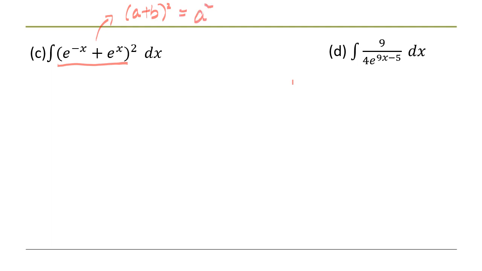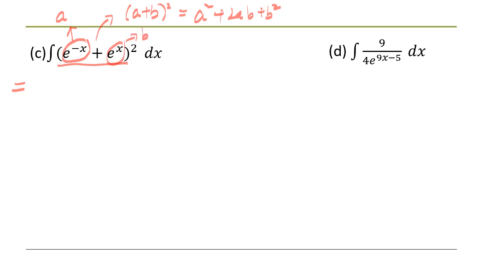You expand it to get a squared plus 2ab plus b squared. Similarly, we're going to do that for these exponential functions. In this case, e to the power negative x, you can liken to the variable a, and e to the power x, variable b.